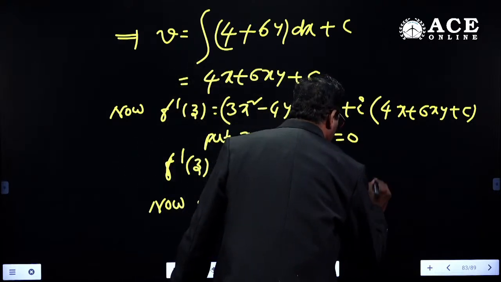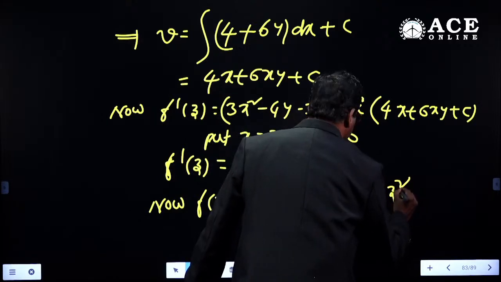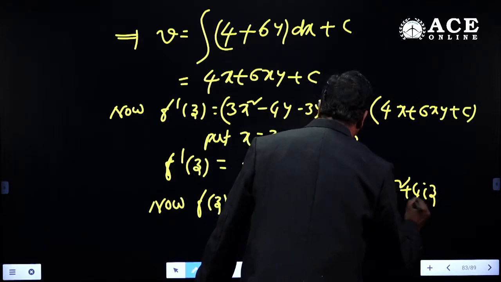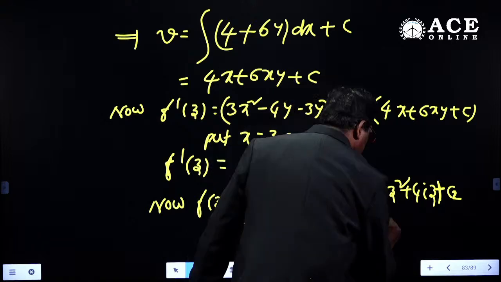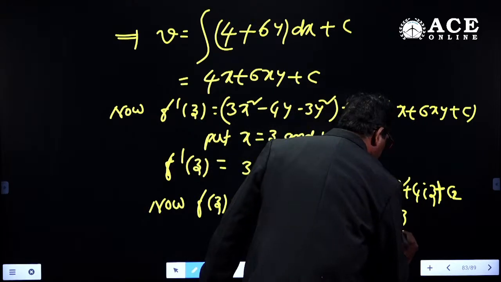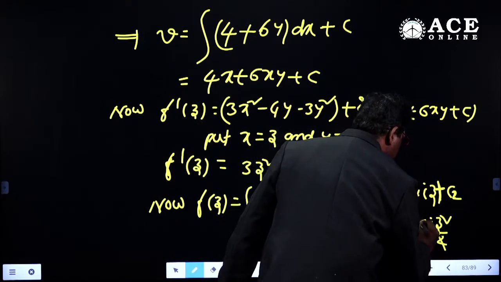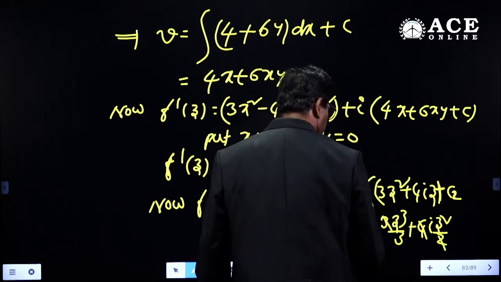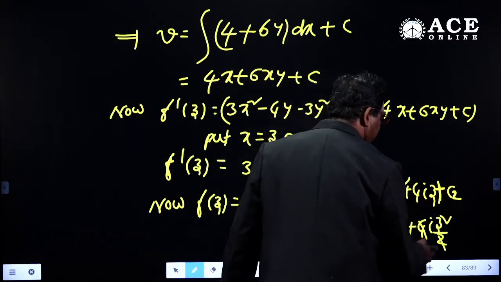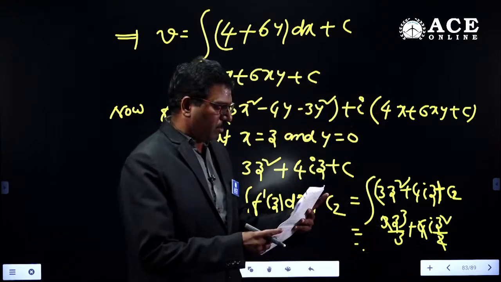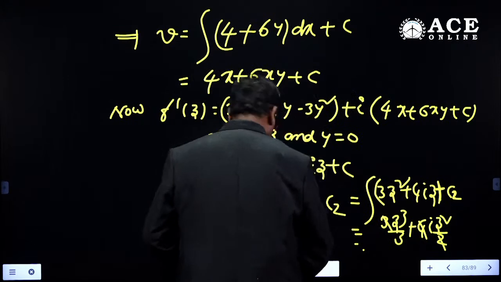That implies the integration of 3z square plus 4iz, which is 3z cube by 3 plus 4iz square by 2. Finally, it is z cube plus 2iz square plus c2.